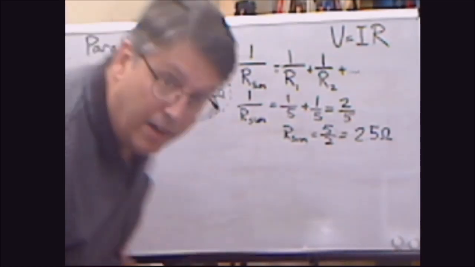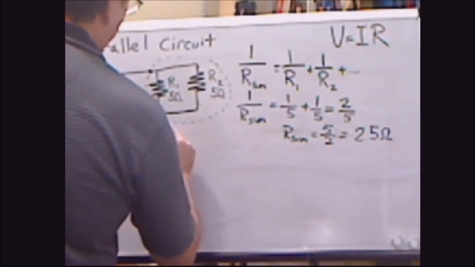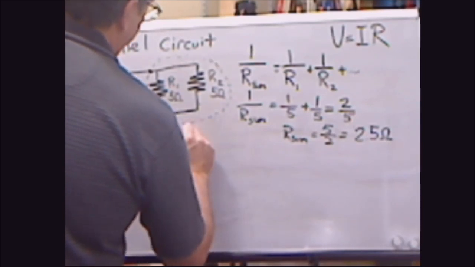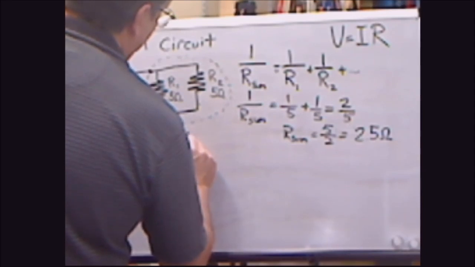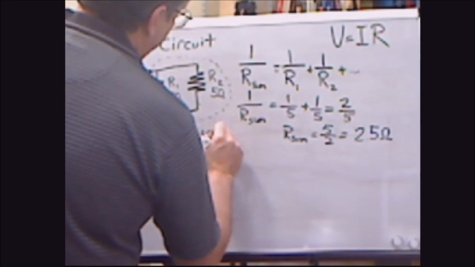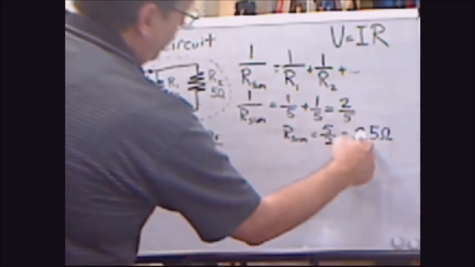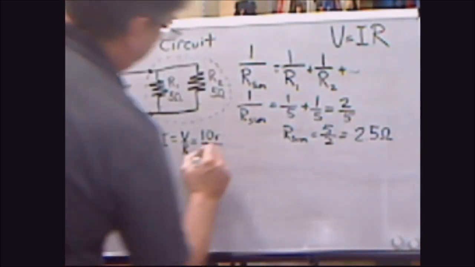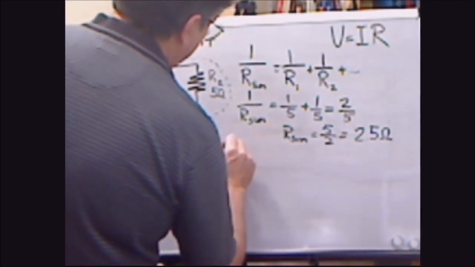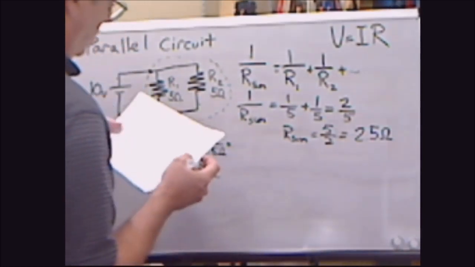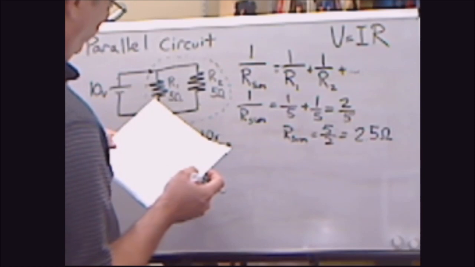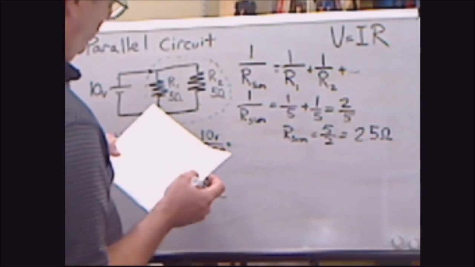But now we're trying to find I. So I equals V over R equals the voltage we already know, 10 volts, over the resistance that this system offers, 2.5 ohms. So 10 volts over 2.5. Did I do that right?